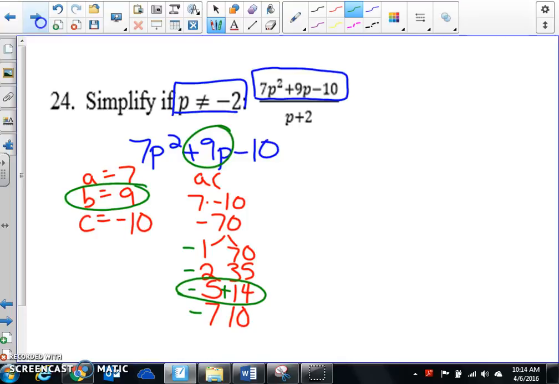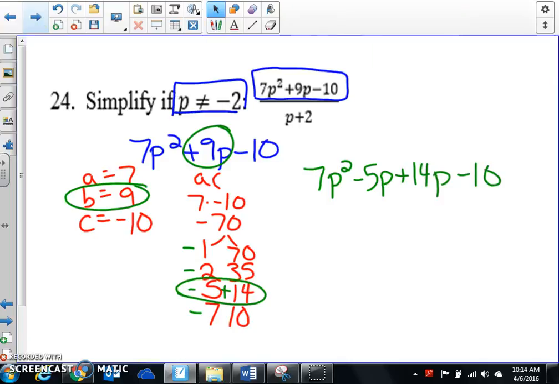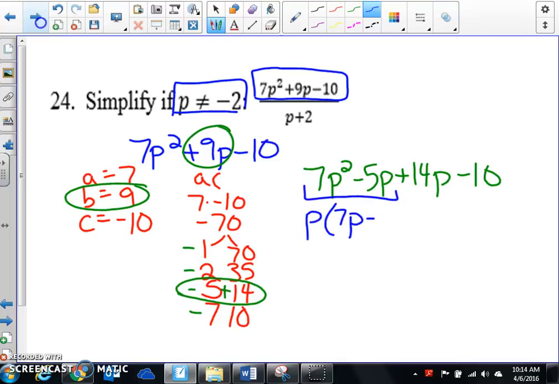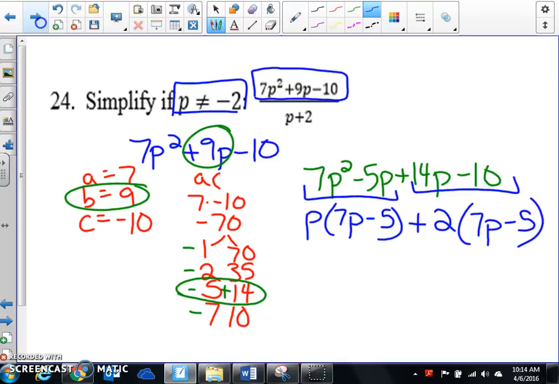So I'm going to go ahead and sub it out there. So 7p squared minus 5p plus 14p minus 10. Over here, I can take out a p, leaving me with 7p minus 5. Over here, I can take out a positive 2, 7p minus 5. These are the same, so 7p minus 5 and p plus 2.